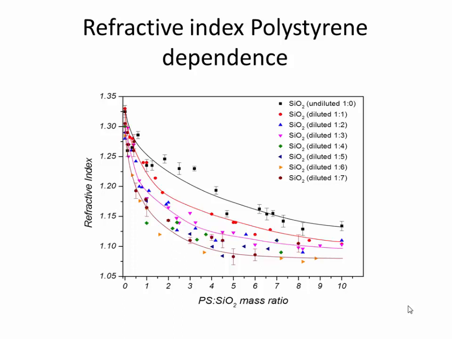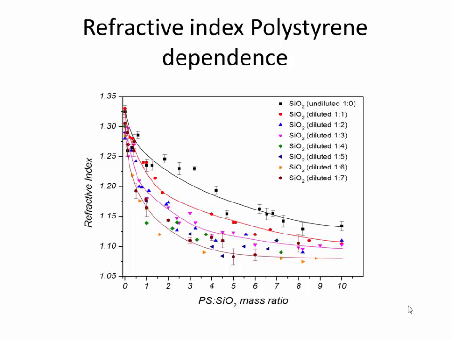The initial refractive index of silica nanoparticles is about 1.33 because the film itself has an inherent porosity of about 30%. And then if you increase the polystyrene, the refractive index decreases.